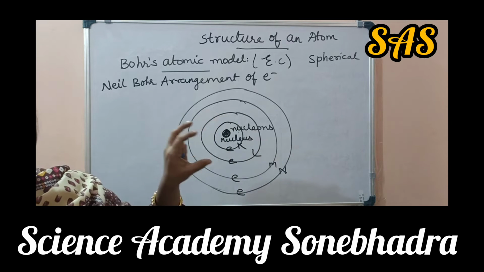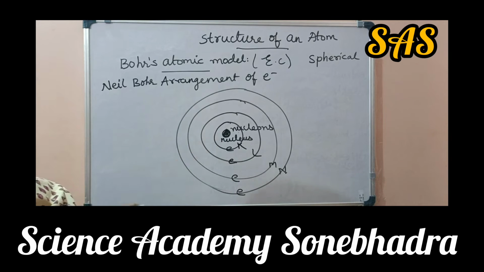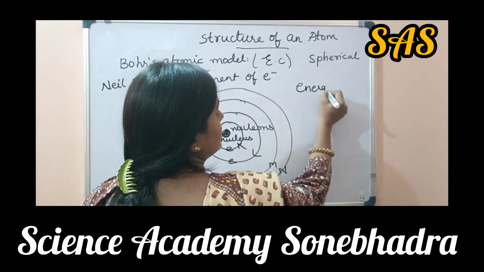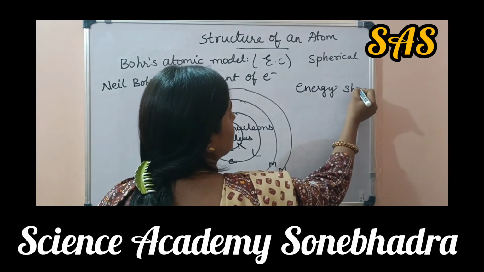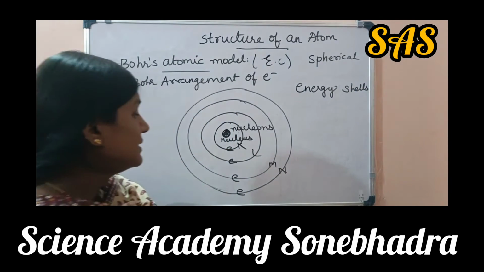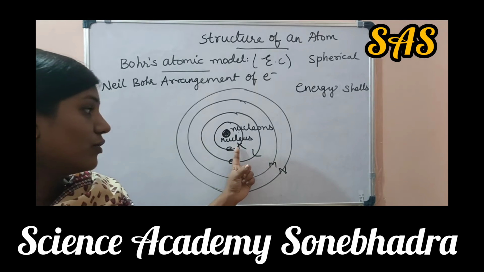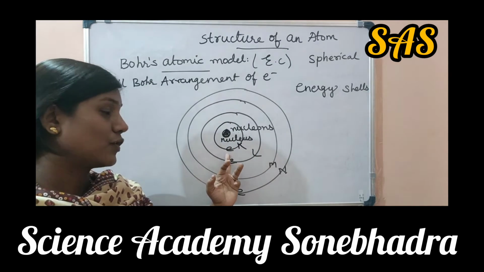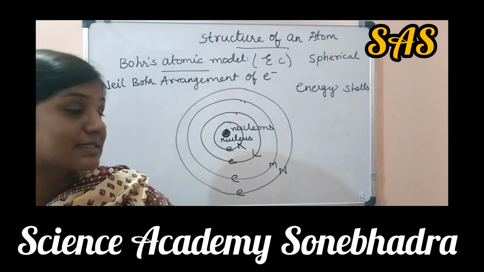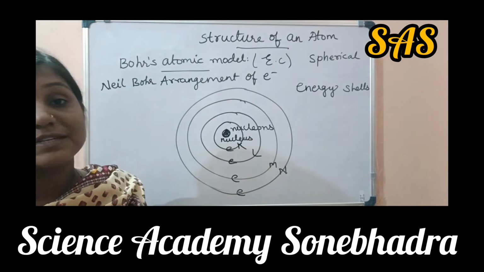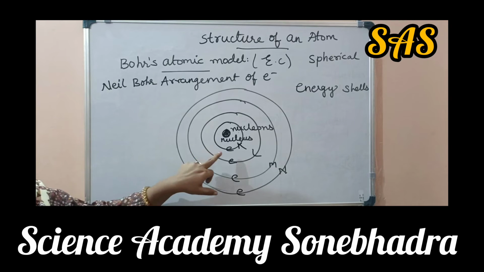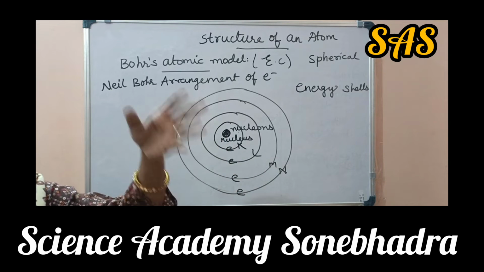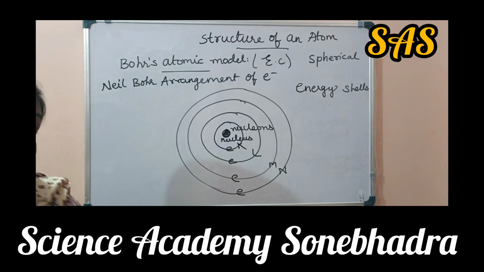These stationary orbits are also called energy levels or energy shells. Why are they called energy levels and energy shells? I have told you that electrons revolve around the nucleus. As the electron revolves around the nucleus continuously, it exhibits an acceleration, and if any body exhibits an acceleration, then it needs a continuous amount of energy.